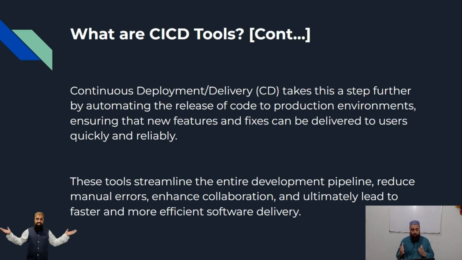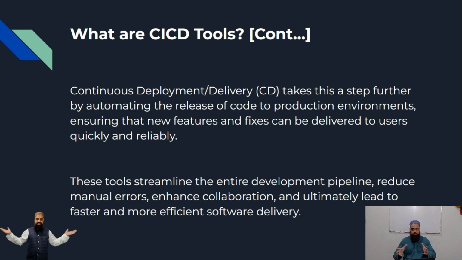Continuous deployment or delivery takes this step further by automating the release of code to production environments. After all, we have built the code and we have tested it. There were no issues in the code. Now it's time to deploy the release, the final version or the artifact, to the cloud environments or to the deployment VMs, and we have to ensure that new features and fixes can be delivered to users quickly and reliably.